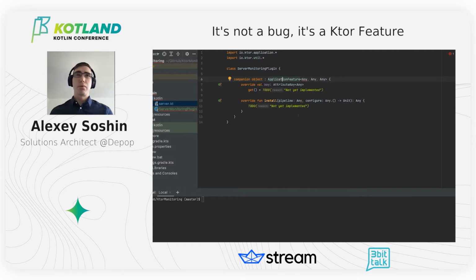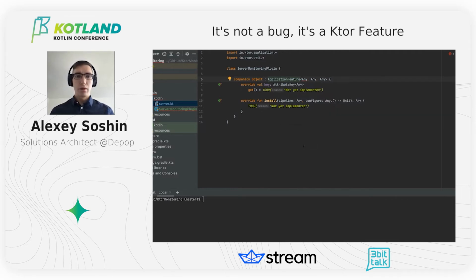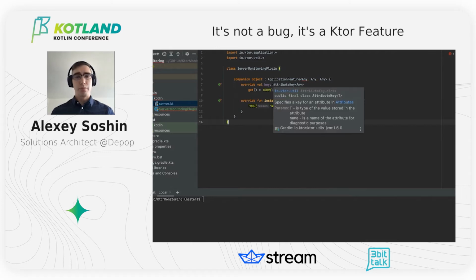Our server tells us that we need to implement that particular interface in order to be a plugin. That interface has two methods. I know the signature may look a bit scary, but don't worry, we'll explain that in a second.